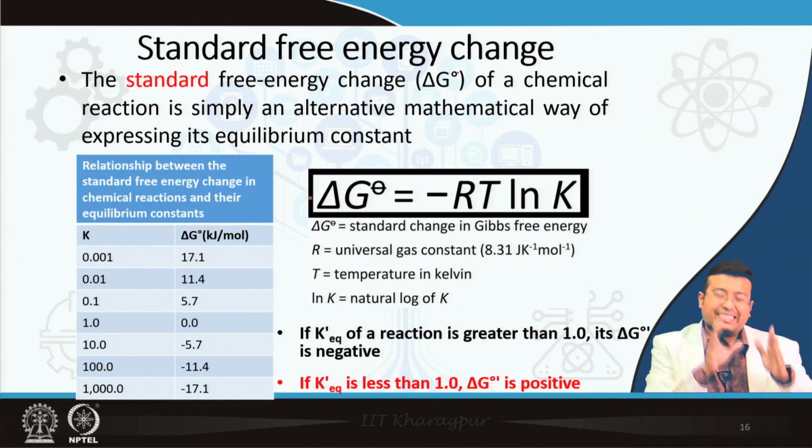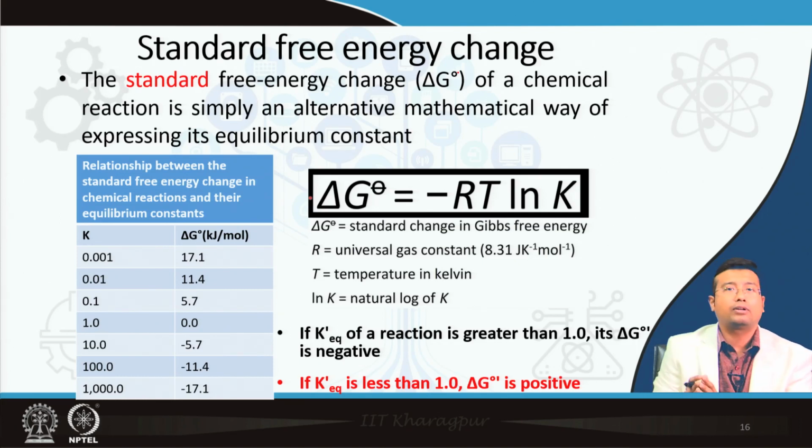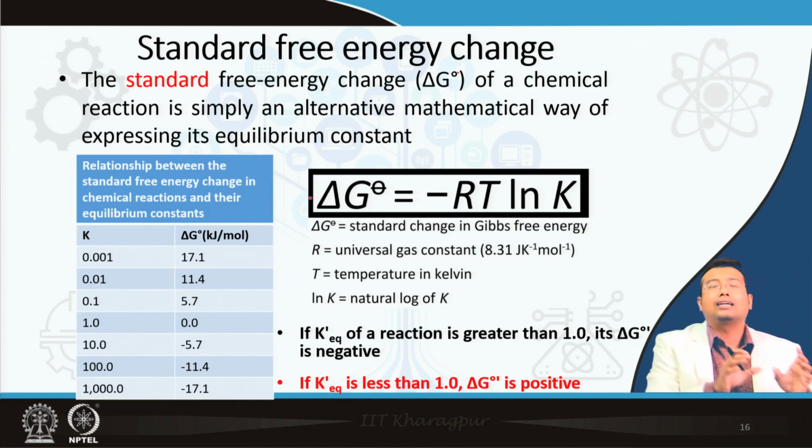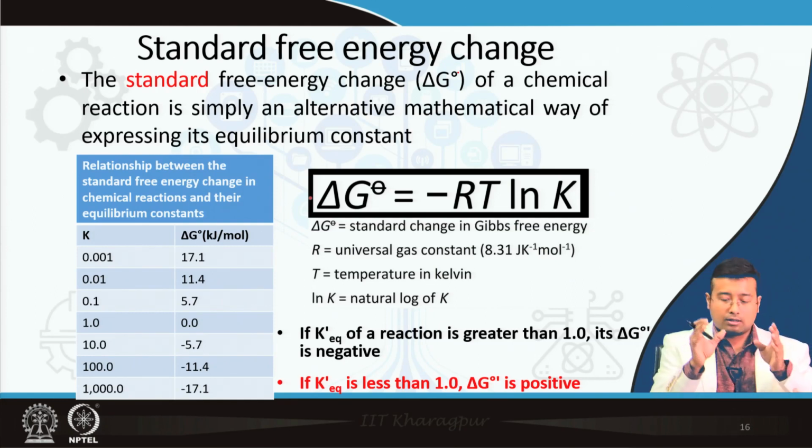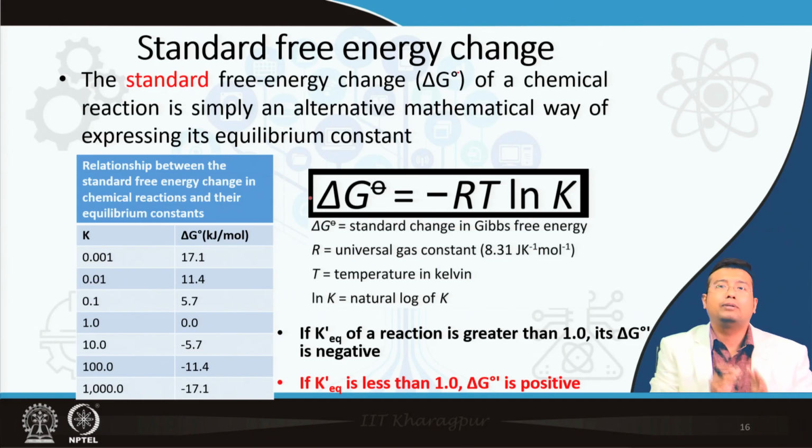If we state the standard free energy change of a reaction, or if we state the equilibrium constant of a reaction, we will get roughly the same idea as to when the reaction will attain equilibrium, at what time the reactant and product will be at the same concentration. But there is a mathematical relation: standard free energy change, delta G naught, is equal to negative R T natural log of K, where K is the equilibrium constant.